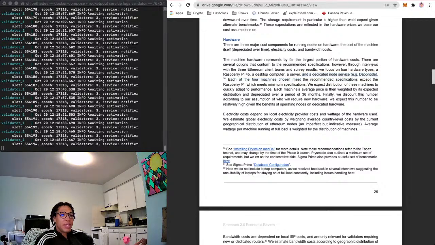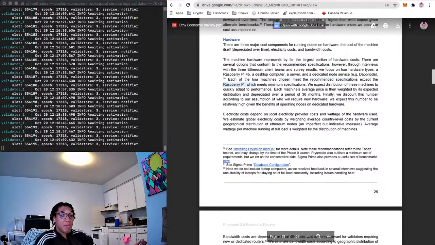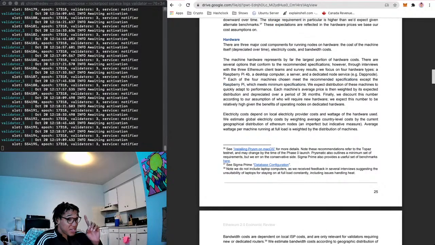Each meets the specifications except the Raspberry Pi, which meets minimum specifications. We expect distribution of these machines to quickly adapt to performance. Each machine's average price is then weighted by its expected distribution and expected over a period of 36 months. Is depreciated.